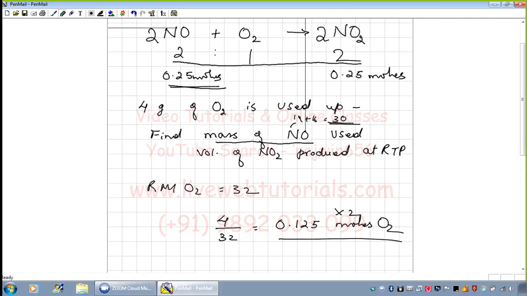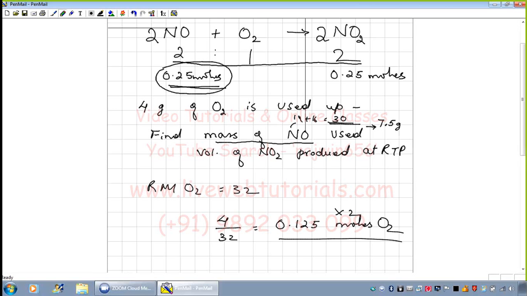We are supposed to consider the moles which are there in the data, that the sum that is given. Because in the reaction, how many moles of NO is reacting? 0.25. So we should always consider that. Okay, so that will be 30 multiplied by 0.25. 7.5. Correct. The mass of NO used is going to be 7.5 grams.